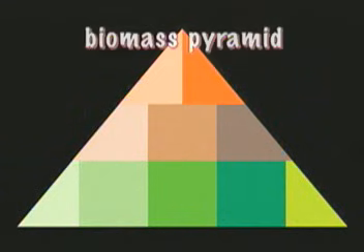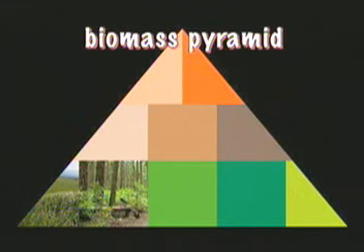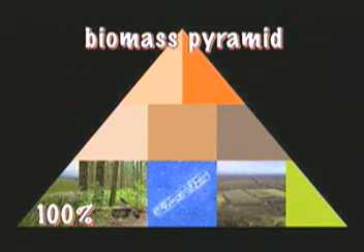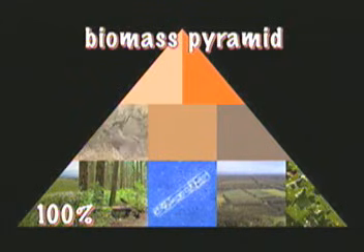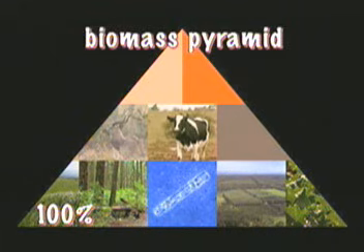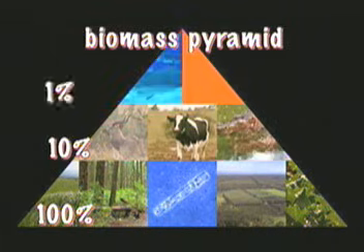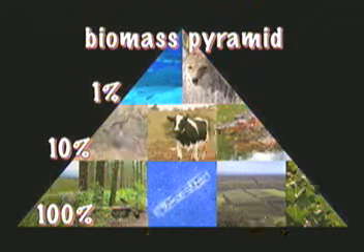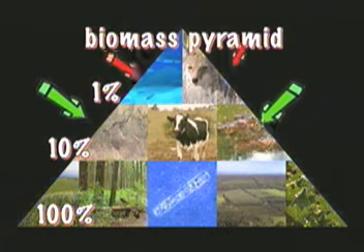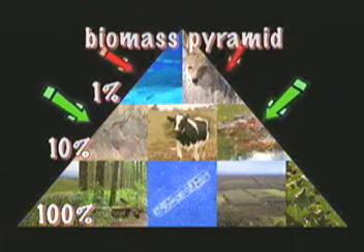Despite this reduction in energy, the ecosystem is sustainable because the number of organisms, or biomass, at each trophic level is also reduced by at least 90%. The biomass at the bottom level is so great and replenishes itself so quickly, it can sustain the organisms at the higher levels.